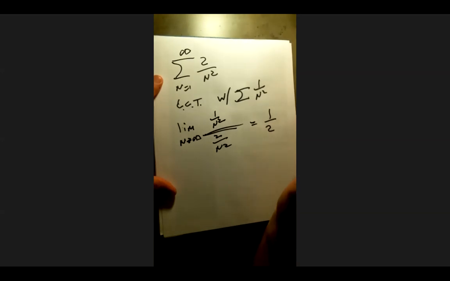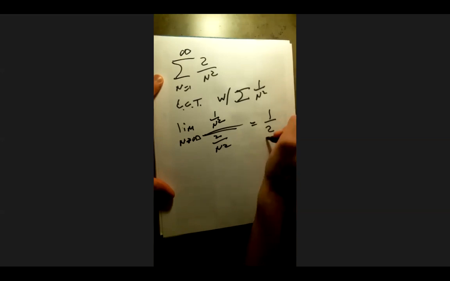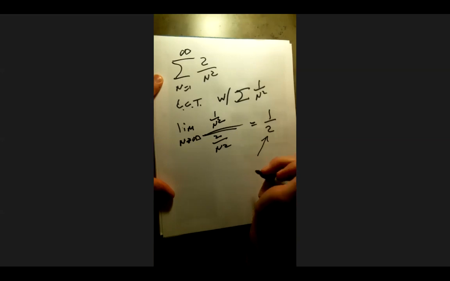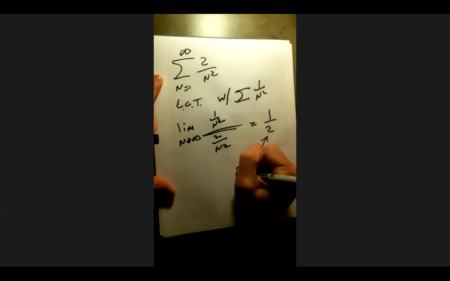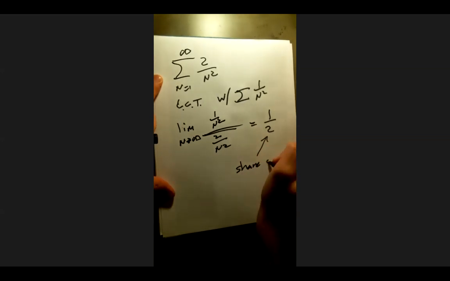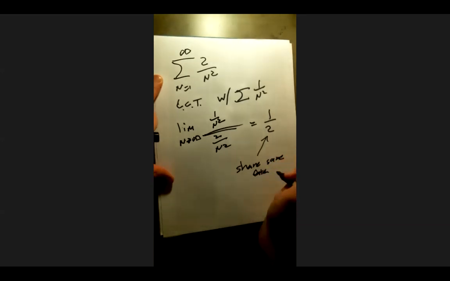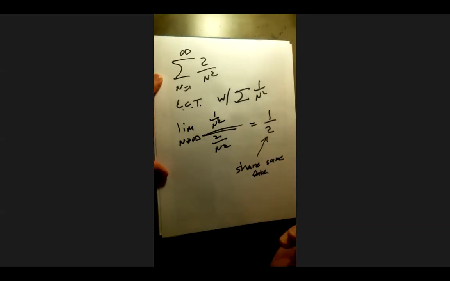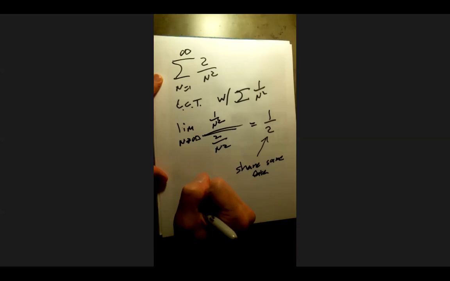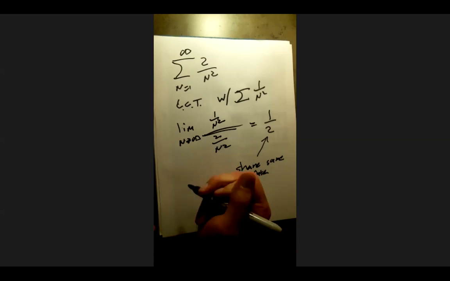So what does this 1/2 tell you? It tells us that they share the same fate. They either both converge or they both diverge. So in this case, I just want to copy my same wording.